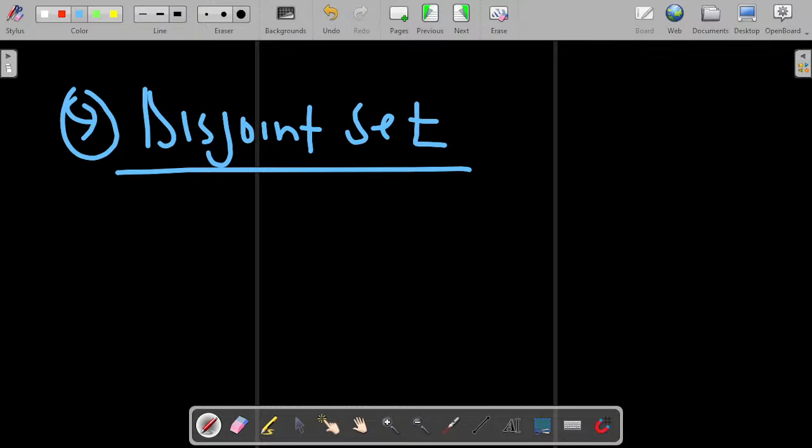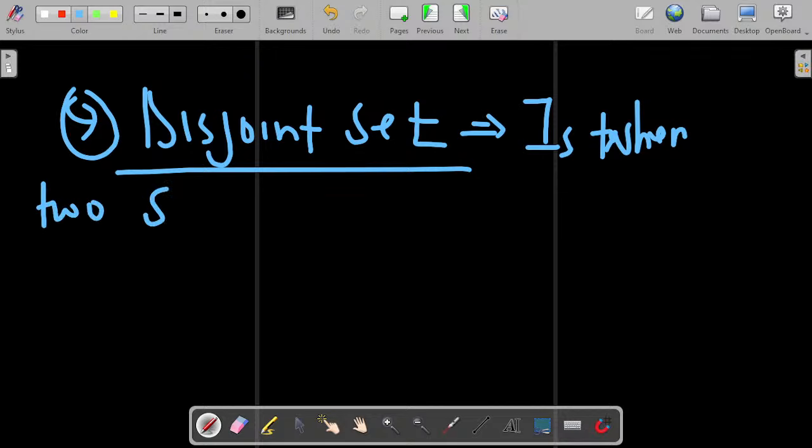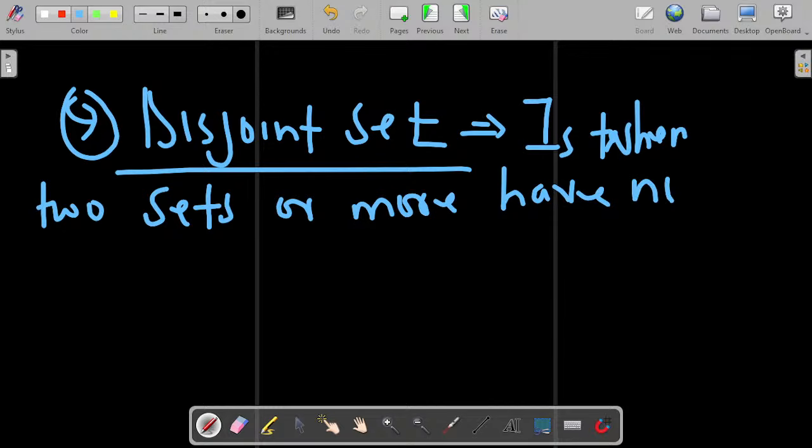So disjoint set is when two or more sets have no elements in common.